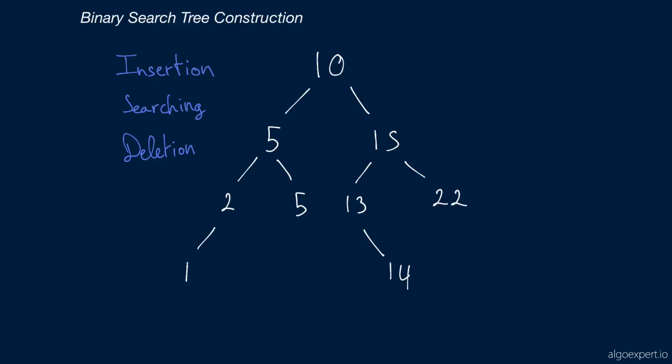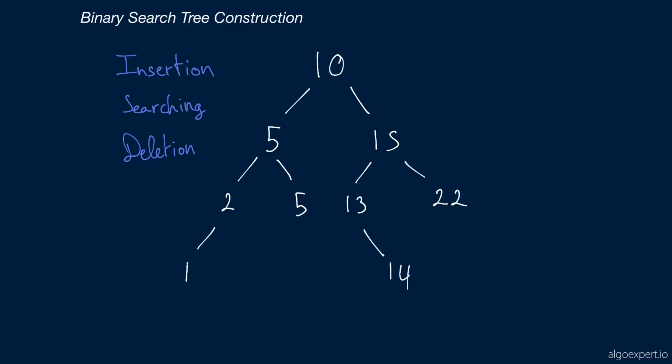Now, I will note that the definition of the BST property can vary a tiny bit depending on whom you ask. The main difference is that some people will change the way they talk about the less than or equal to part. So for the sake of this video, we're defining the BST property as every node to the left has to have a value strictly less than the parent node, and every node to the right has to have a value greater than or equal to the current node's value.